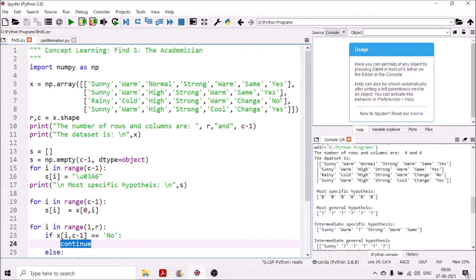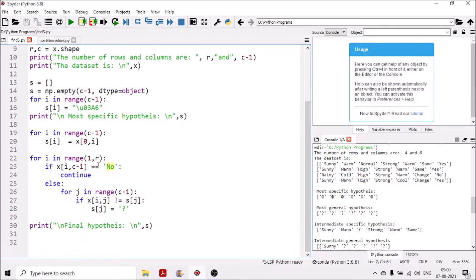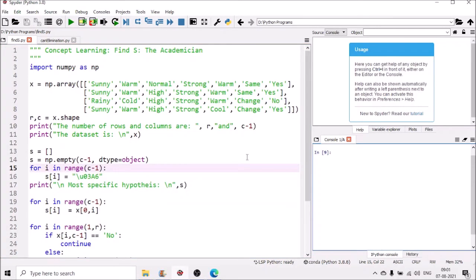Otherwise, we have to check each and every attribute, and if it doesn't match the specific hypothesis, then you have to put a question mark. If it matches, it will definitely continue. Don't do anything, keep it as it is. That is the logic.